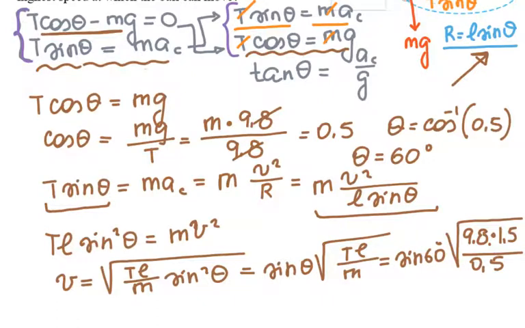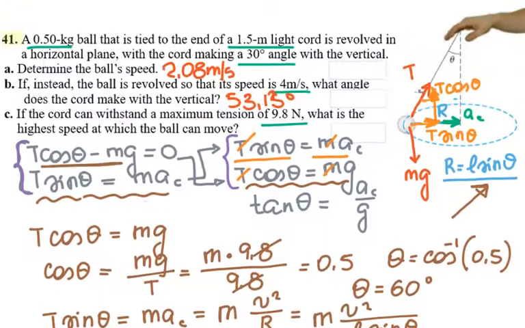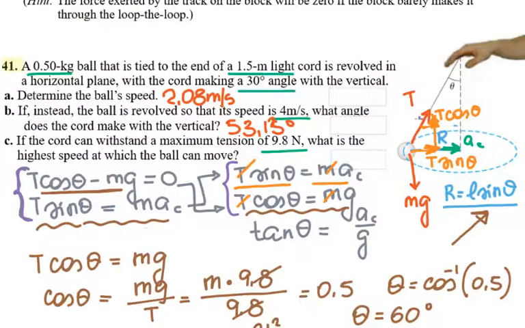Now if I plug in my numbers, I get my velocity is equal to 4.7 meters per second. And that will conclude our problem solving for this video, and I will see you in the next video.